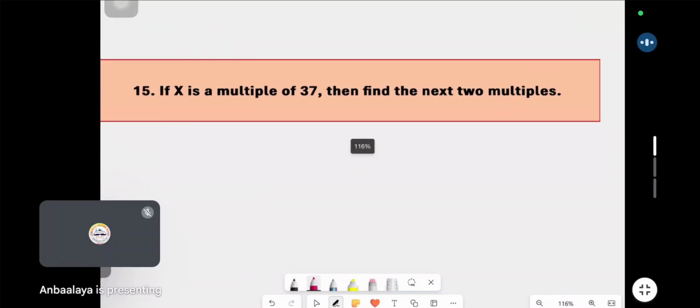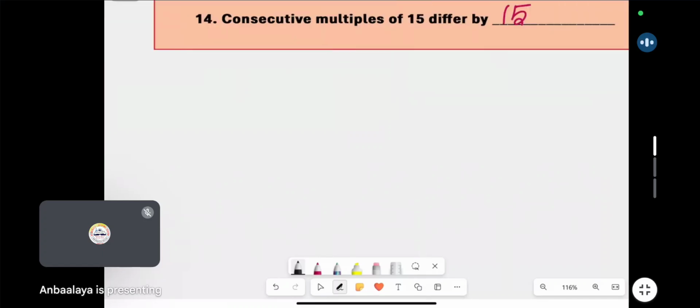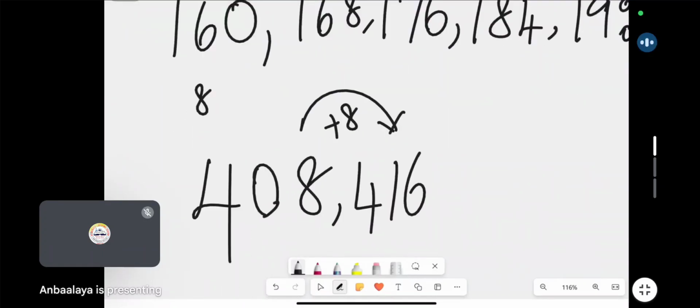Here, if x is a multiple of 37, then find the next two multiples. The first multiple is given as x. What will be the next multiple? If the first multiple is given as 408, you found the next one by adding 8, right?